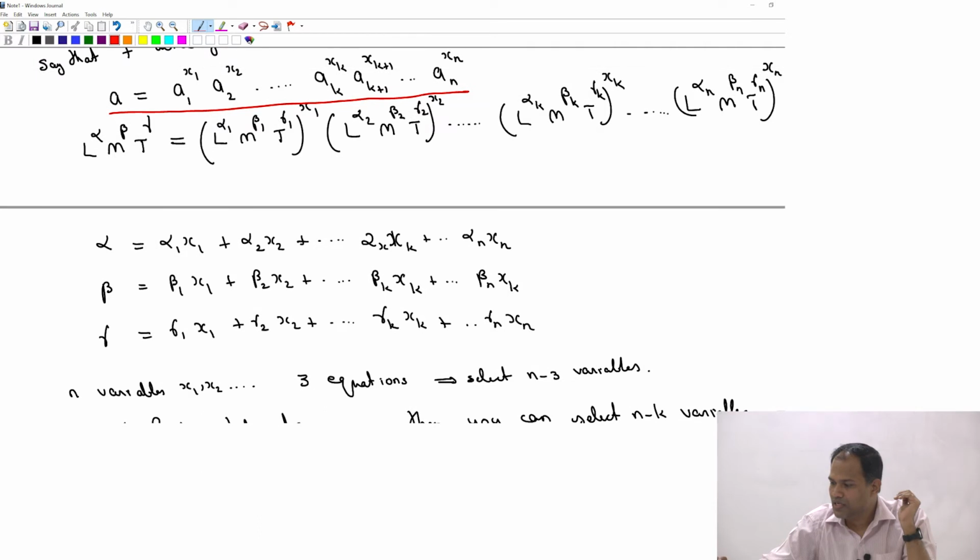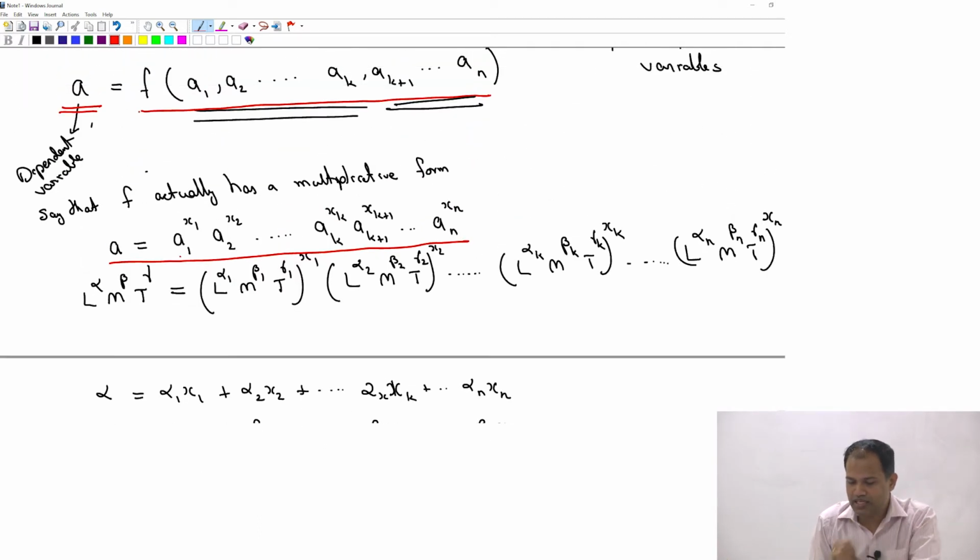So in this problem, I have to say what xk plus 1, xk plus 2, etc. up to xn are. If I independently fix them, then I will be able to tell what x1, x2, etc. up to xk are.